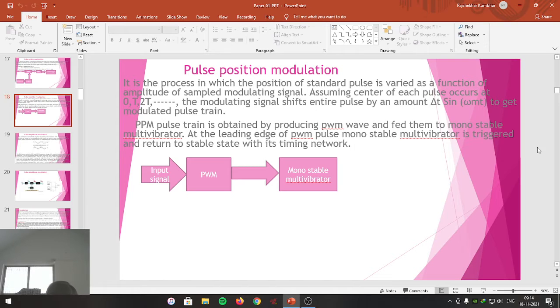In pulse code modulation, the amplitude of the sampled signal is rounded off to achieve a particular quantization level. After quantization, it is coded into binary form.